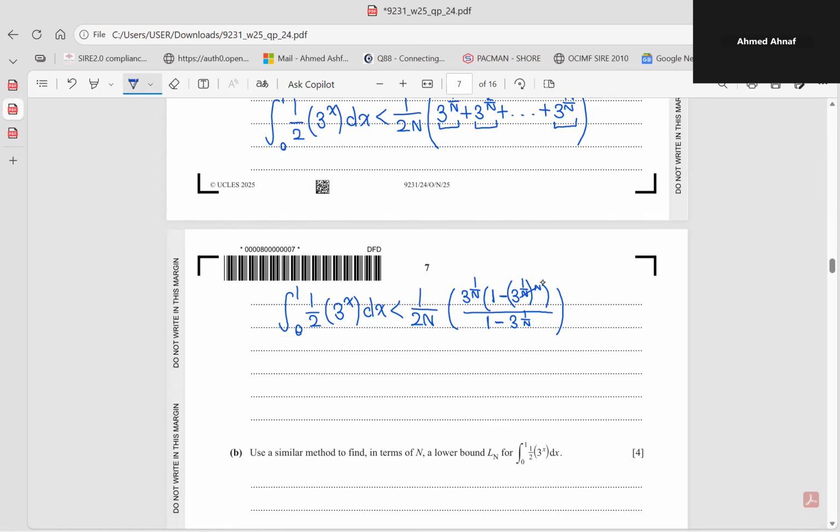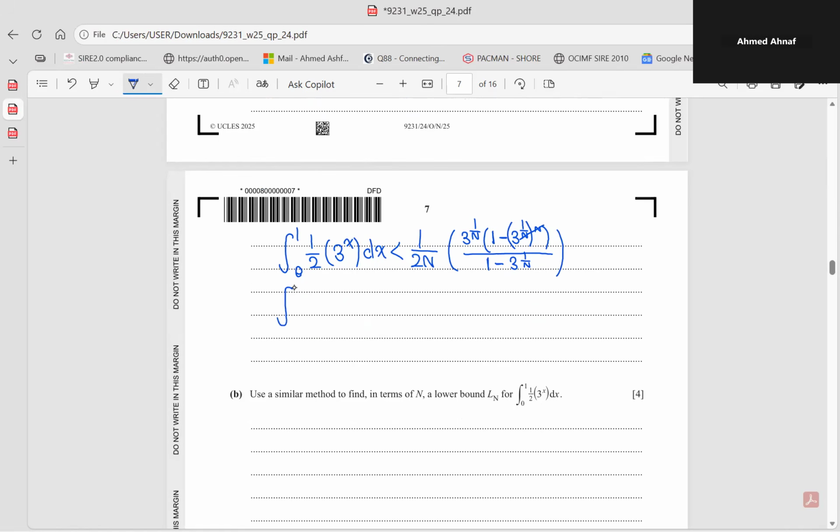So this cancels. This is the integral from 0 to 1 of half times 3 to the power of x dx, equals 1 over 2n times 3 to the power of 1 over n. Canceling this power, you just get 3 to the power of 1. So therefore you get 1 minus 3, which is just minus 2, over 1 minus 3 to the power of 1 over n. So these cancel out.